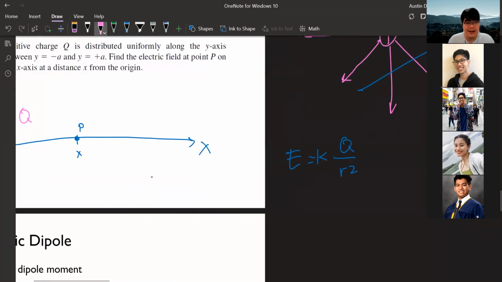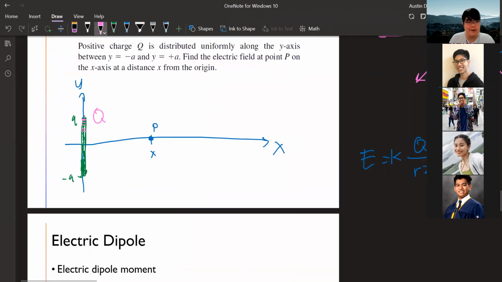Okay. So we need to consider every small particle, every small charge here. So we can call this guy, sige, try natin yung ibang color. Okay, we can call that guy DQ.